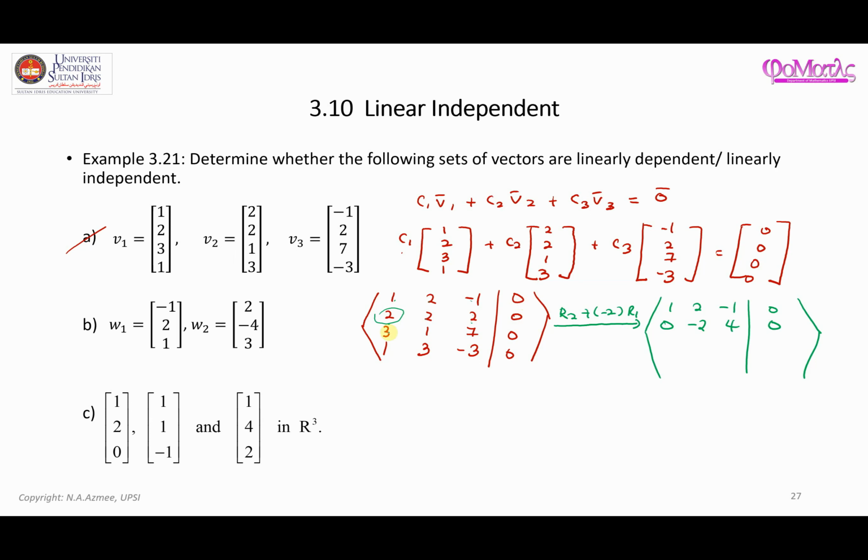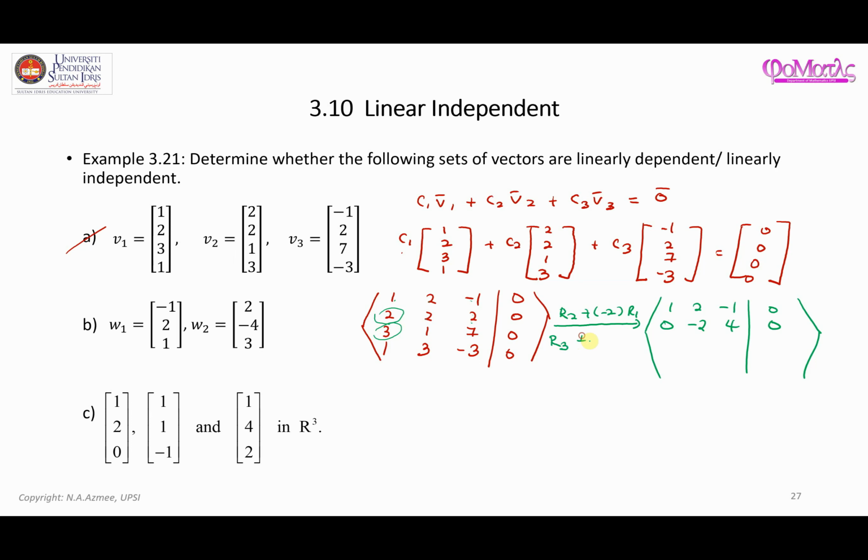Also, I need to change this part to be 0 as well. Since the third row is still without any changes, we're going to do the process straight away. I'm going to change the third row so that this part becomes 0.